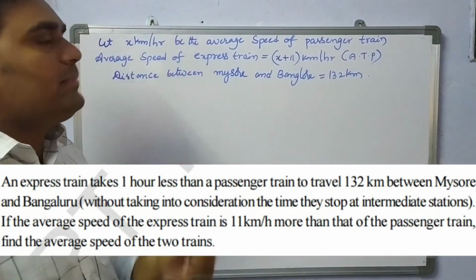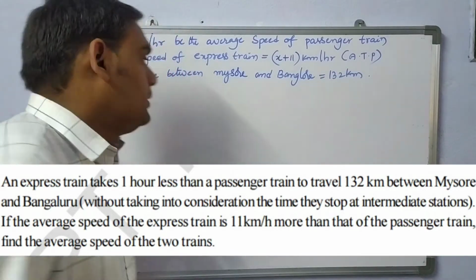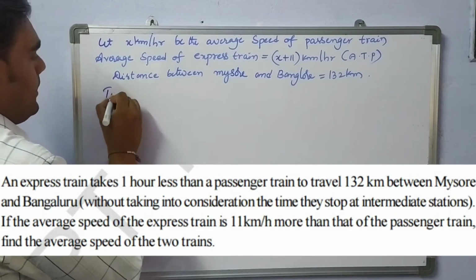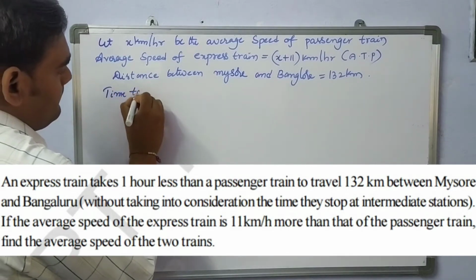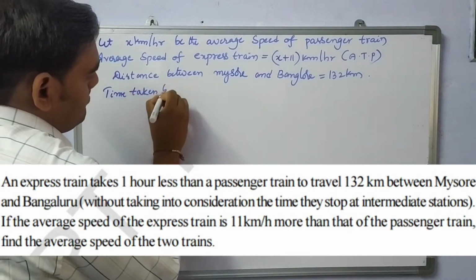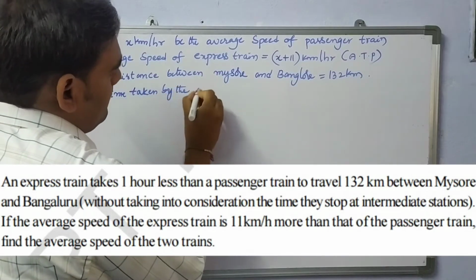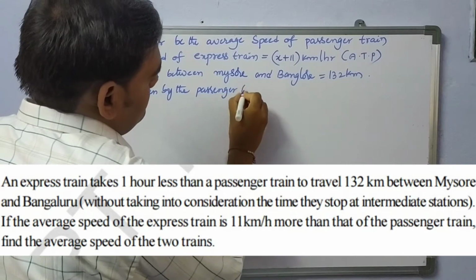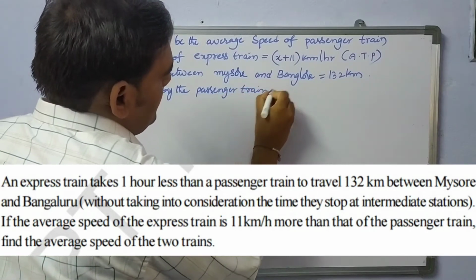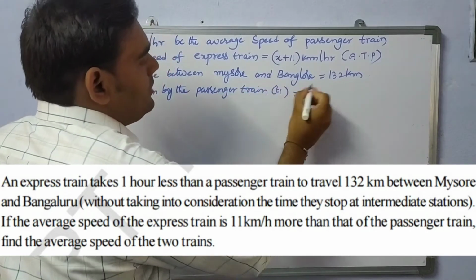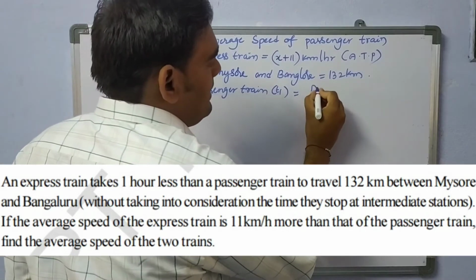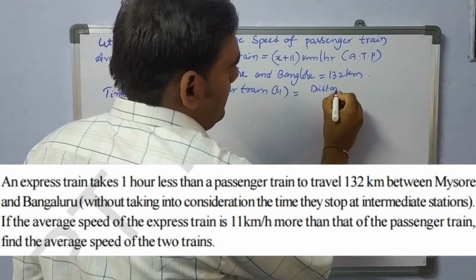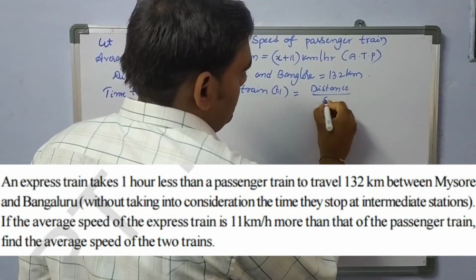Next we need to find the time taken by the passenger train. So here, time taken by the passenger train, take this one as t1. We all know that time is equal to distance by speed.